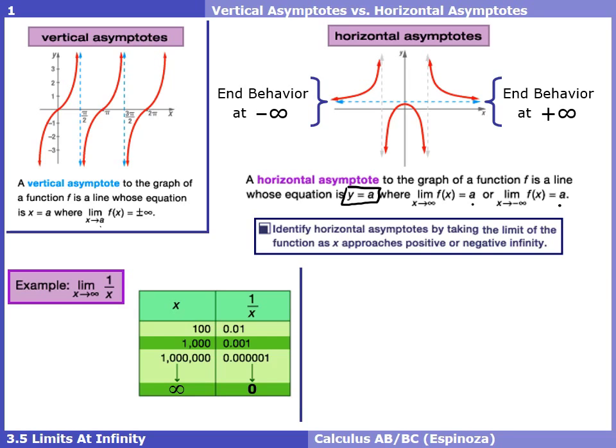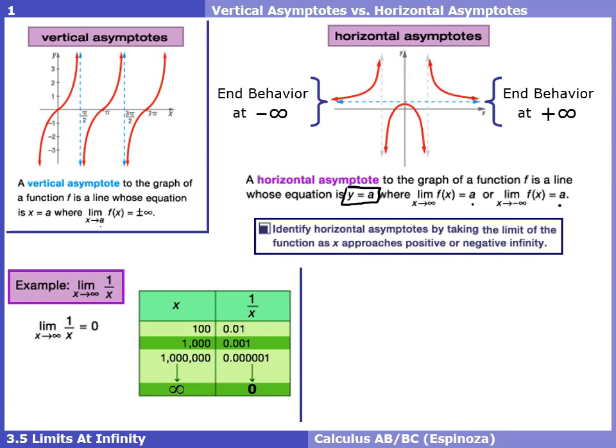As it turns out, if you take a number, and it doesn't even matter if it's 1, 2, 3, 4, 5, a billion, and divide it by infinity, so to speak, your answer is 0, because that overall fraction is shrinking down to 0. So there's two ideas that we're going to be dealing with in this section. How do we get answers to these limits when x goes to infinity?